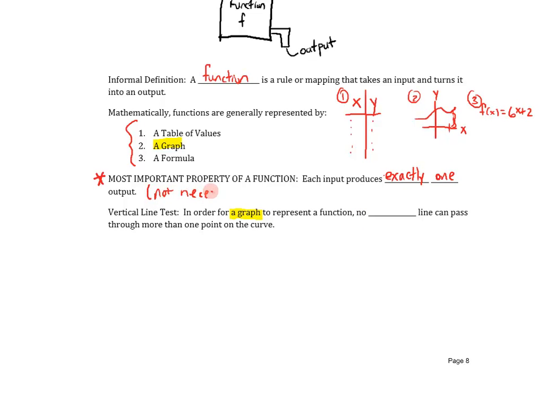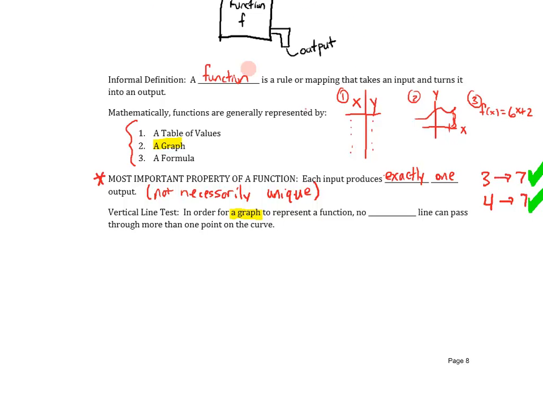Meaning you could put in the number 3 into a function, and 3, after it cranks away inside the function, produces the number 7. So 3 turns into 7. You could also have a 4 thrown in there and also turn into 7. That's just fine. What you can't have happen, so this is okay, this is okay.